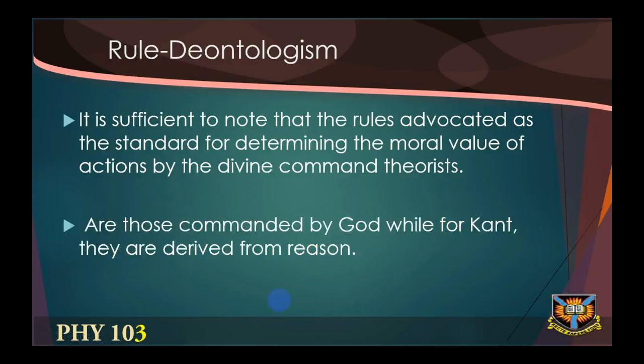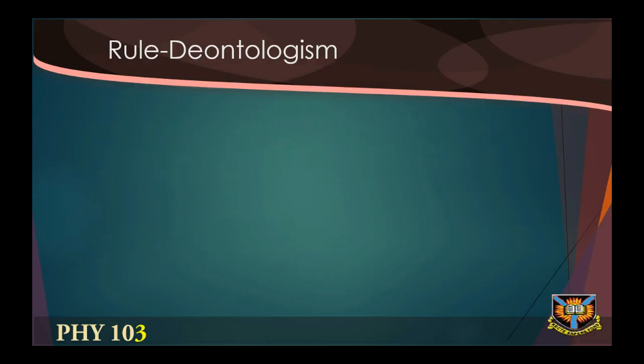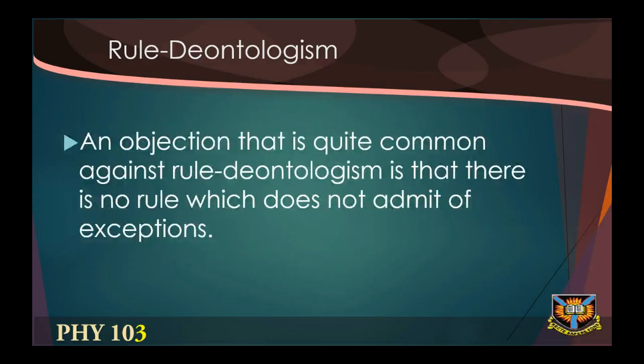Problems with Rule-Deontologism. An objection that is quite common against Rule-Deontologism is that there is no rule which does not admit of exceptions. Let us consider, for instance, the moral rule which specifies that it is morally wrong to lie.